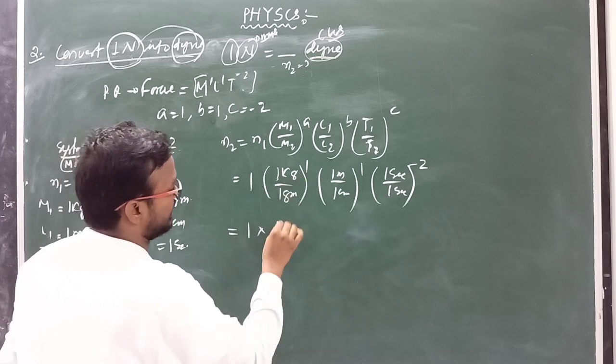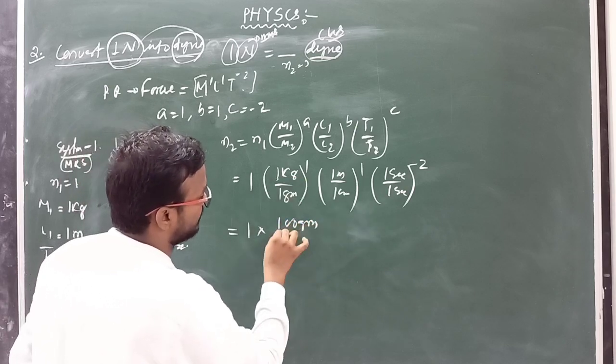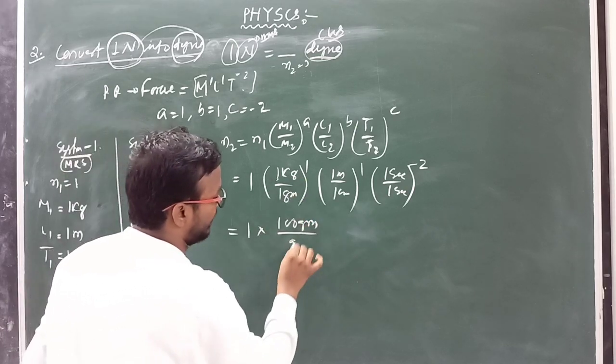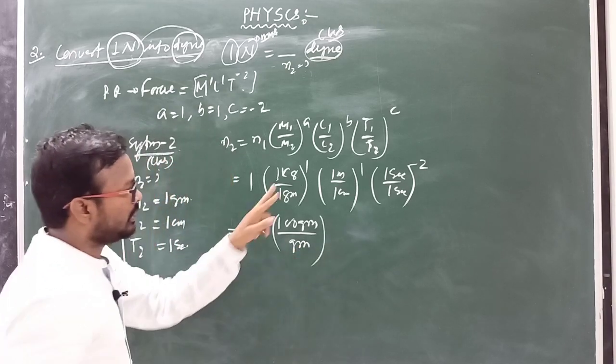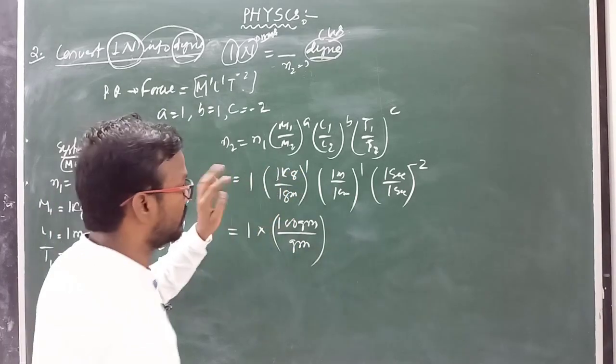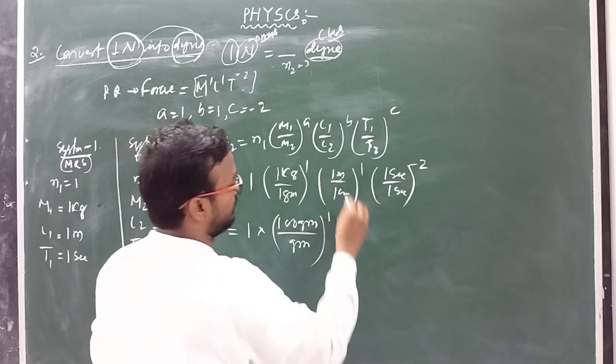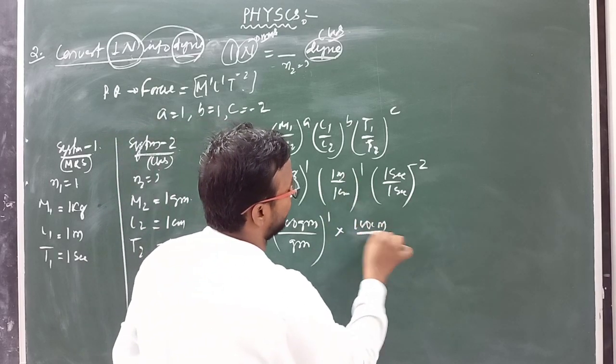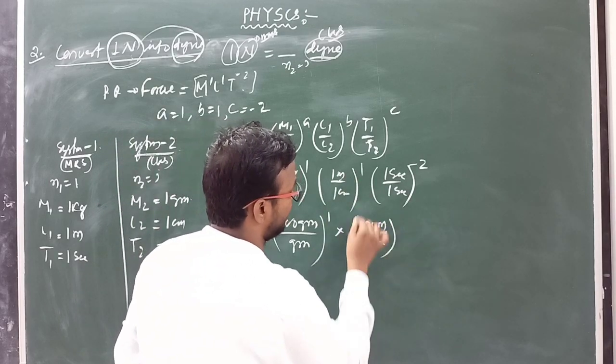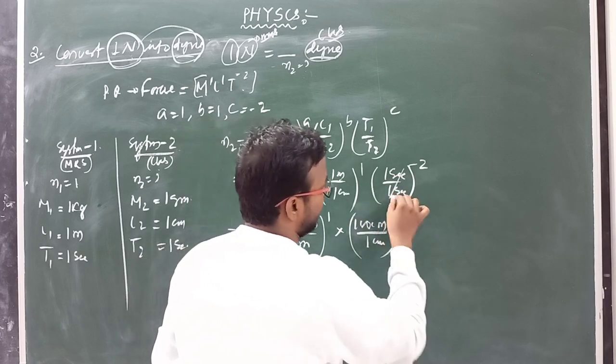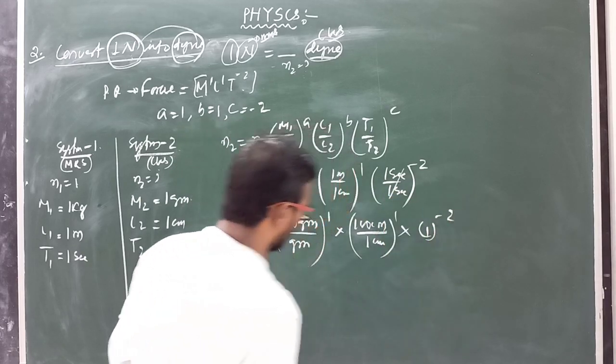So we can write 1 into 1 kg, that is 1000 gram, divided by 1 gram. You have to convert gram into kg or kg into gram, but the power is 1. Similarly 1 meter you can write as 100 centimeter divided by 1 centimeter with power 1, and second cancels, with power minus 2.